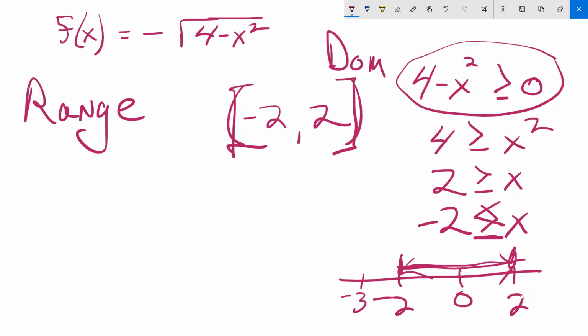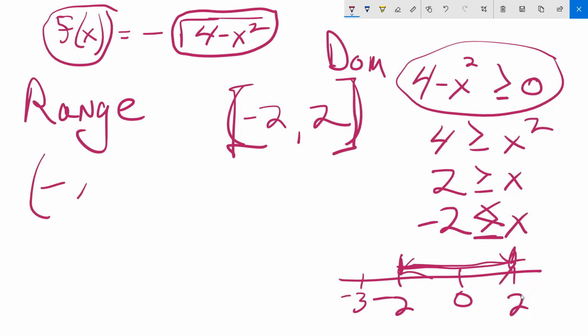What are all of the possible answers for f of x? Or what can f of x not be? We know that the square root has to be either 0 or positive, correct? So this is going to go from negative infinity to 0.